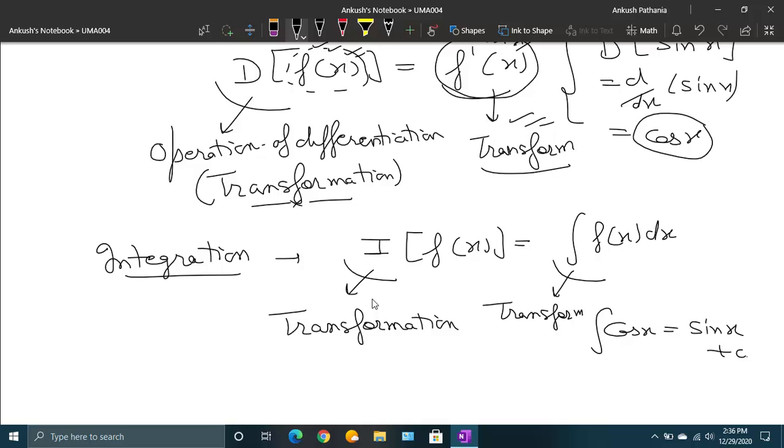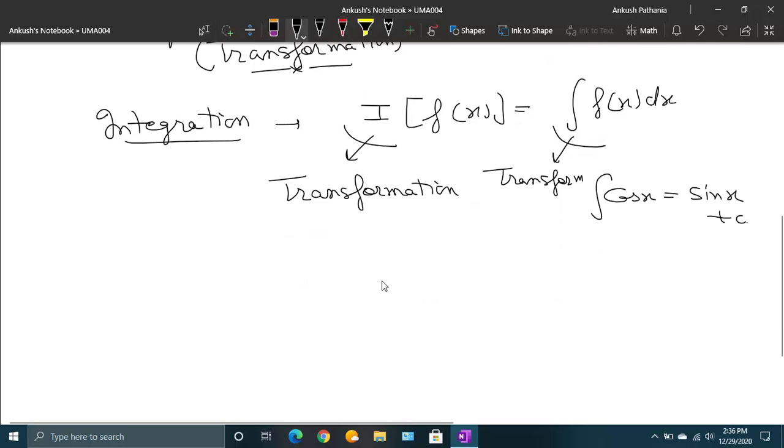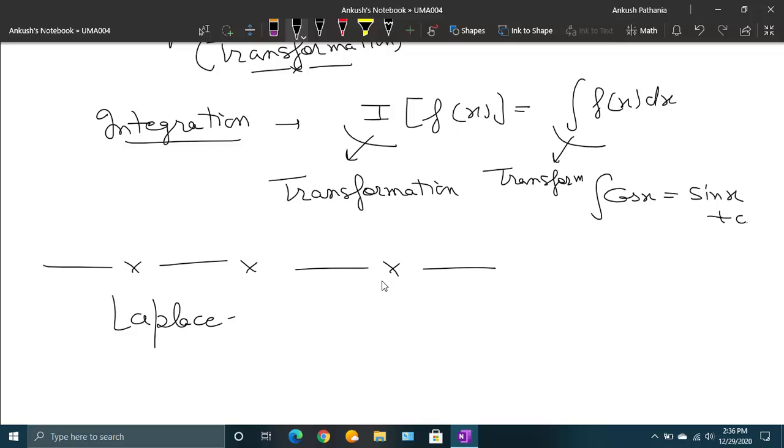Now a similar concept we will apply to Laplace transformation and Laplace transform. From the above, one thing is clear: transformation is your operation, and transform is the function that you obtain after applying that transformation.